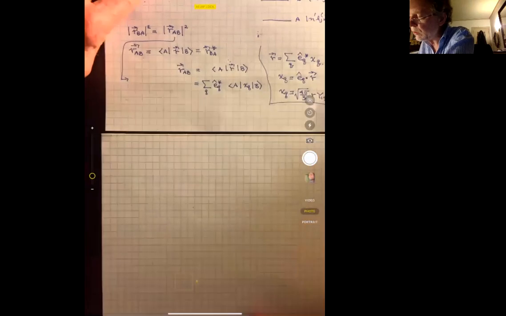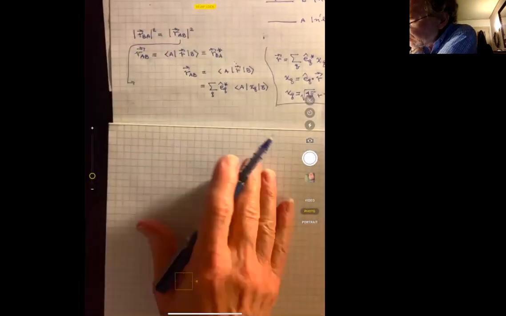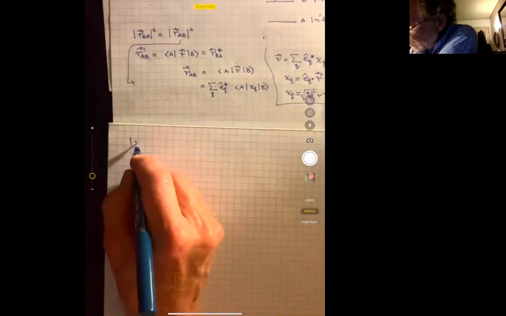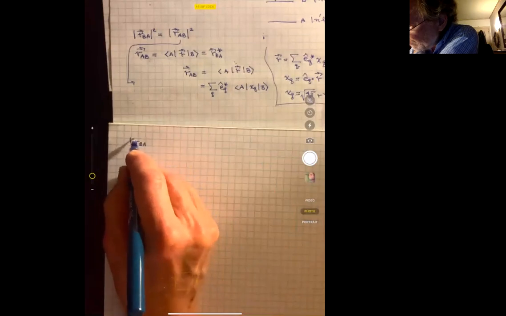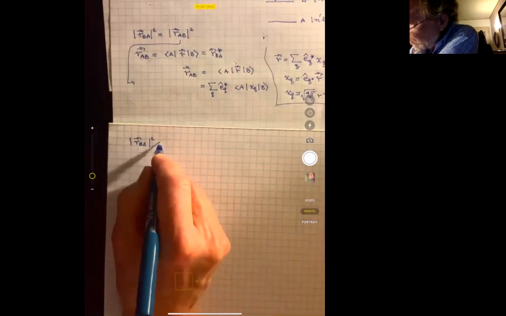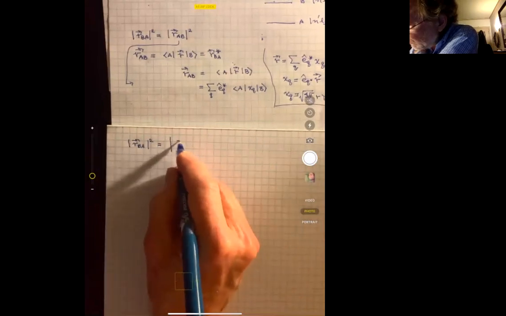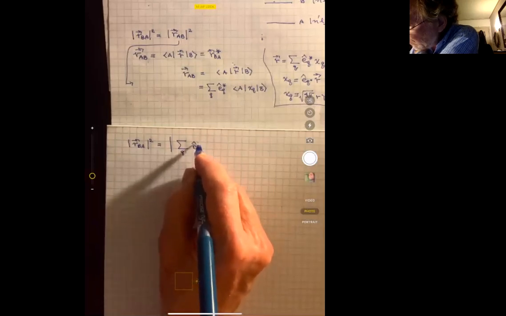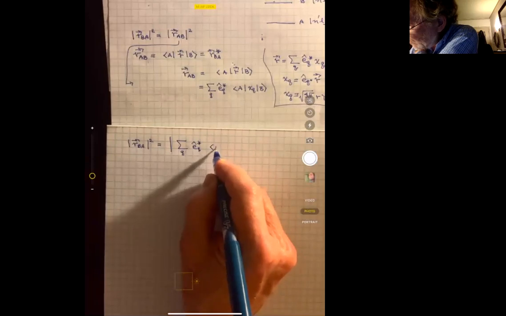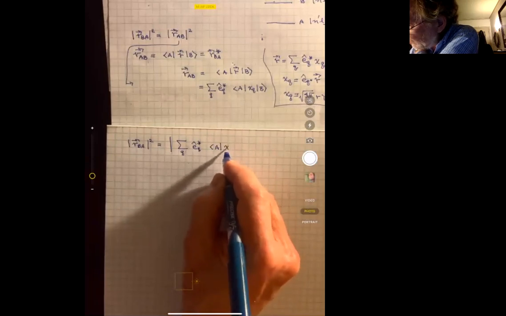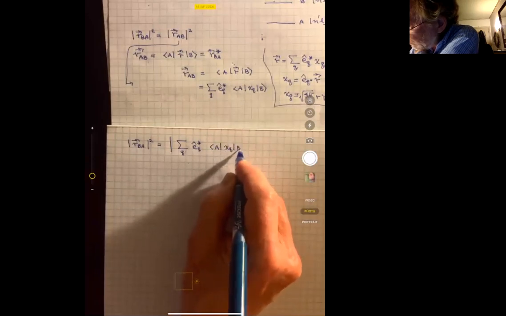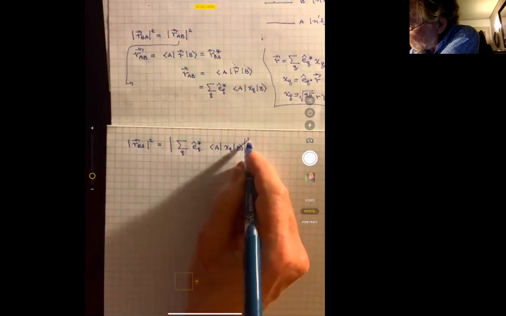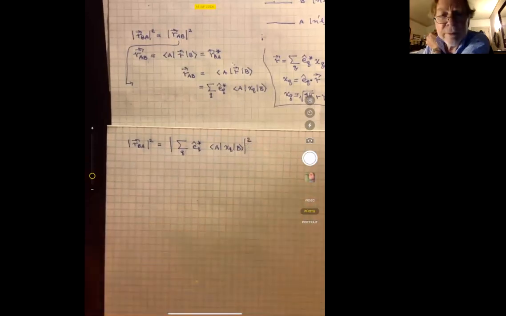So what this turns into then is that R_AB squared, R_BA squared, which is the same thing as R_AB squared, turns into the absolute value of the sum on q of e hat sub q, complex conjugated, A on the left, x_q in the middle, and B on the right, squared. Okay?